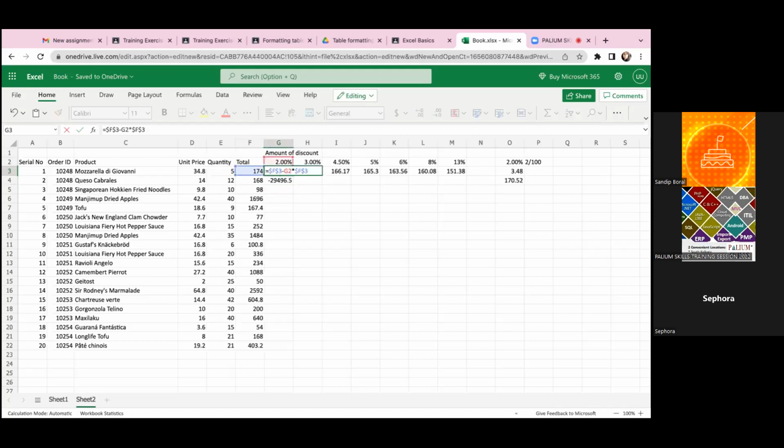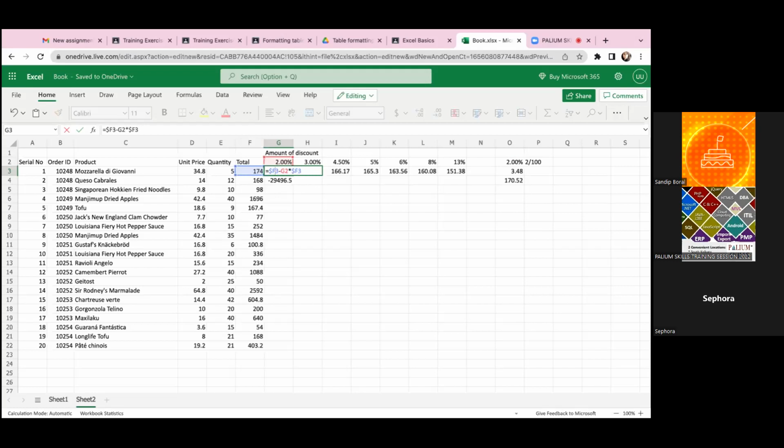That $F$3, we will keep the column F fixed, but that 3 should become 4. So we should not have a dollar before 3. Same thing for that other dollar also, F3.